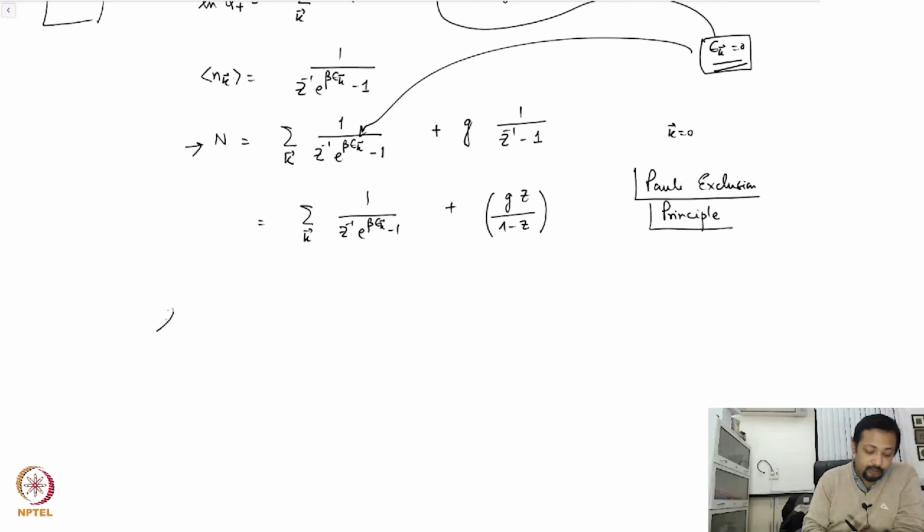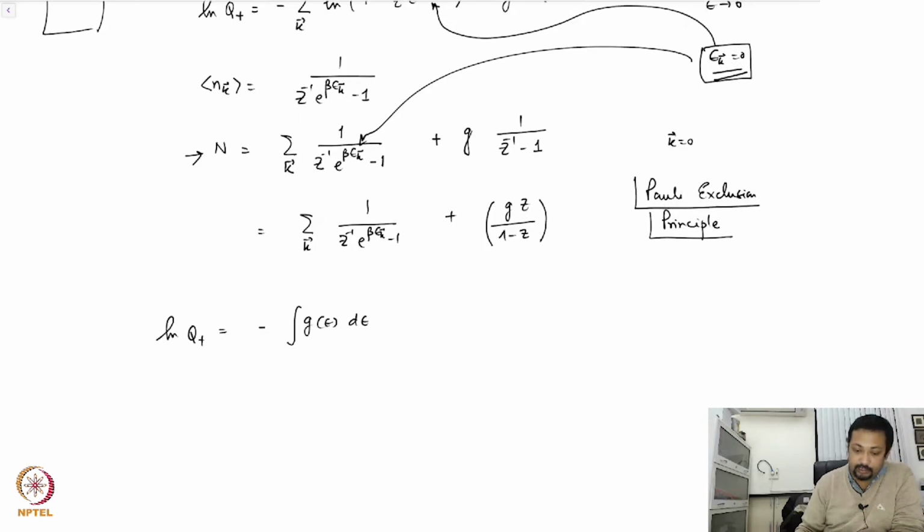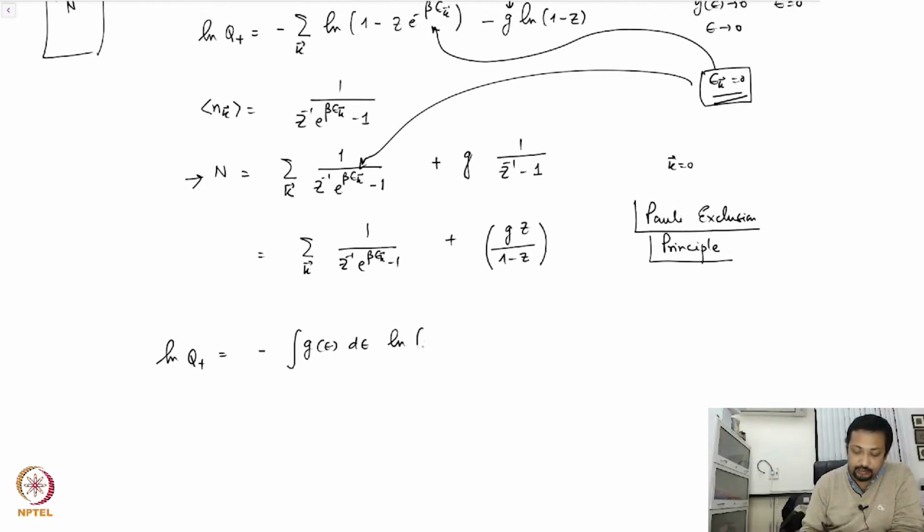So let's move forward. ln Q plus is minus the sum over k, which goes to the integral g(epsilon) d epsilon, and then I have ln(1 minus z e to the power minus beta epsilon). Now we do not talk about epsilon subscript k, g ln(1 minus z).